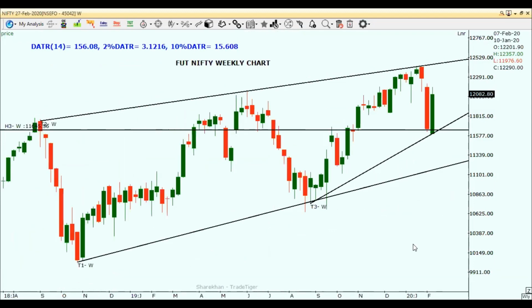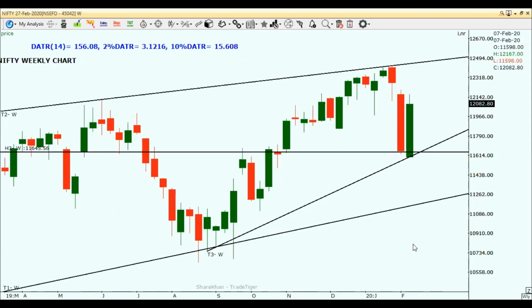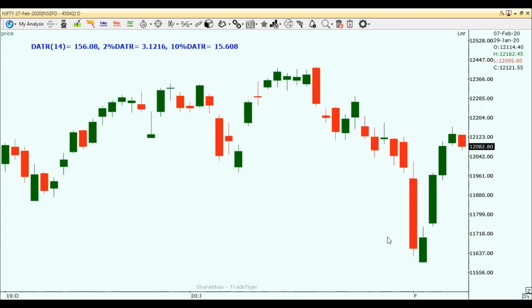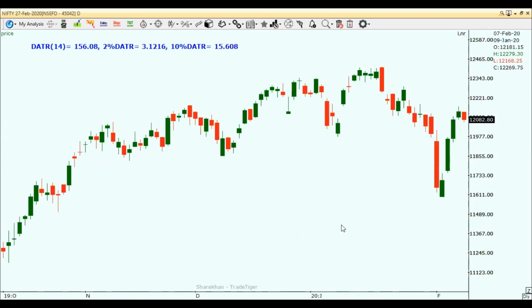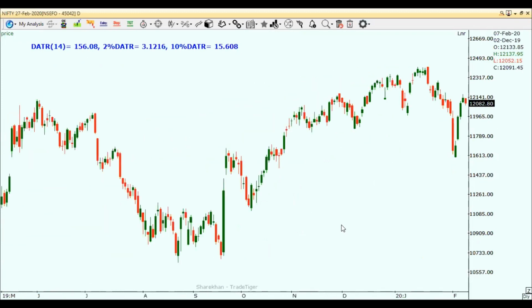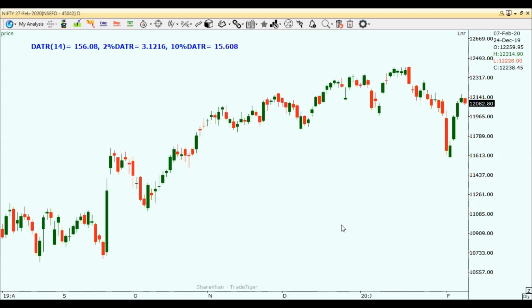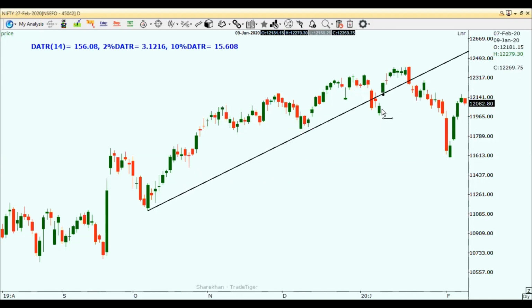Slowly we will move towards the daily chart. So I am going to the daily chart. In this daily chart, when we watch the trend, a close trend watch is giving us an indication.